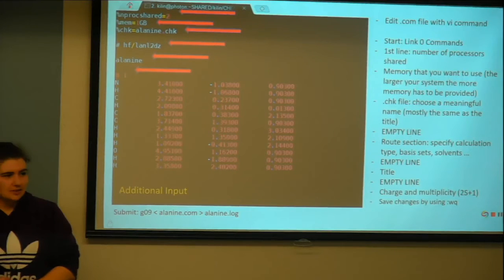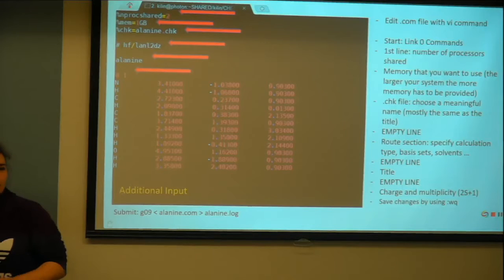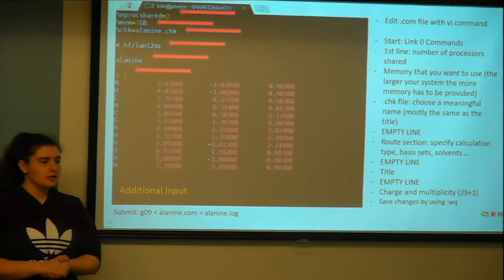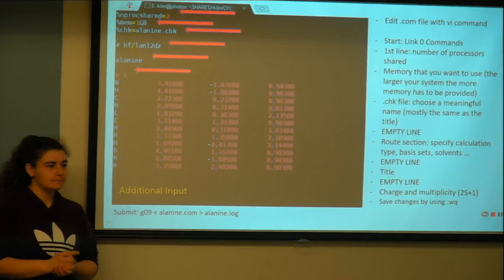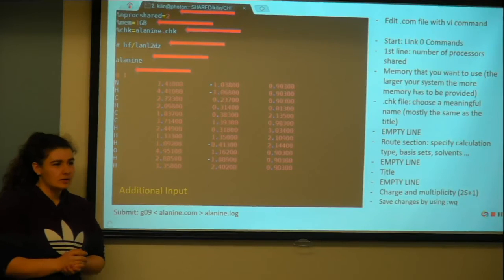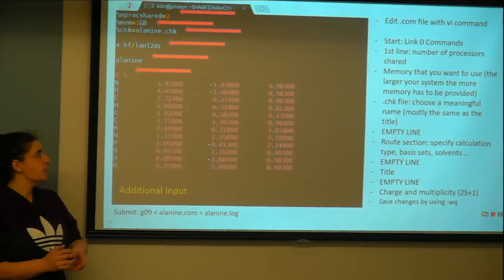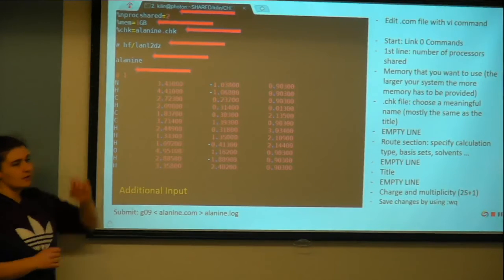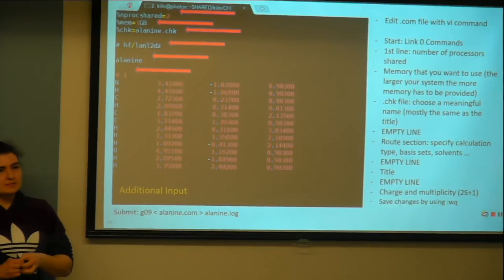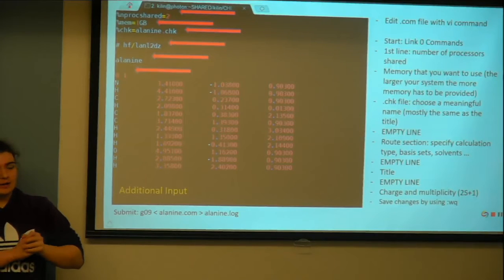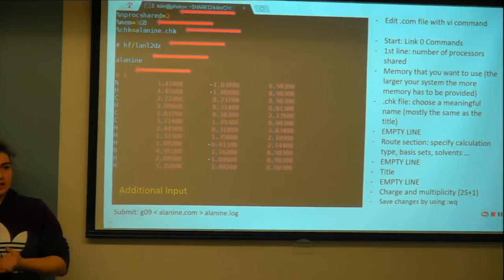Any questions about that? I have a question. You mentioned you need a percent sign and the hashtag. What is it? Okay, so for your first few lines of code, it just basically tells the program what kind of input you are specifying at the moment.